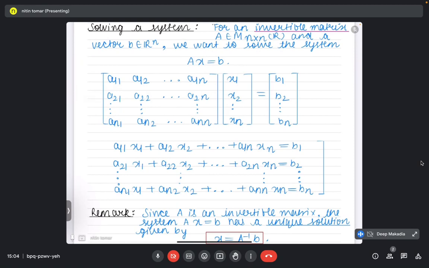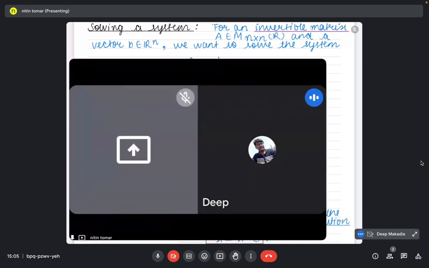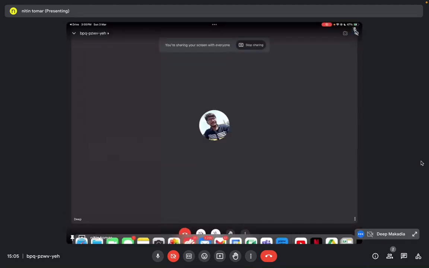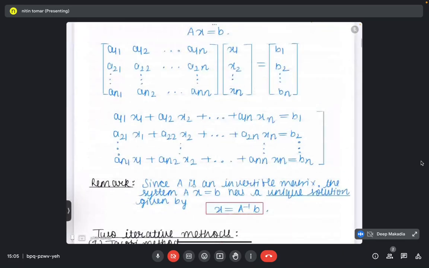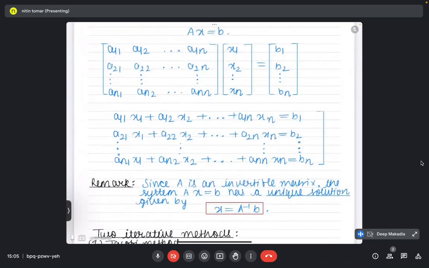So the first row of Ax should be equal to b1, the second row of Ax should be equal to b2, and so on. In this way you will obtain n linear equations in n variables. As I mentioned, since A is an invertible matrix, the system Ax equal to b has a unique solution, which is given by x equal to A inverse b.